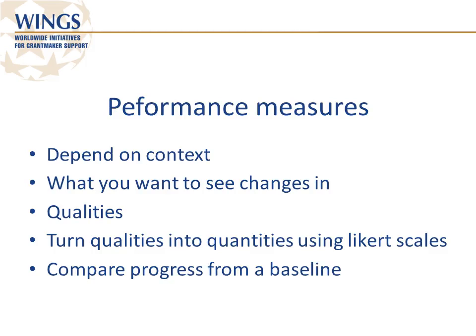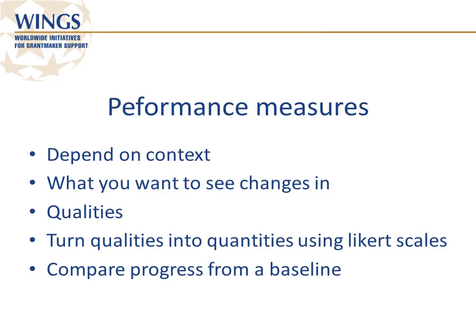These things are always qualitative measures, and this is often the sticking point. What I've spent most of my life thinking about is how we turn qualities into quantities using Likert scales, and how we can think about the kinds of categories that move people from one place to another.